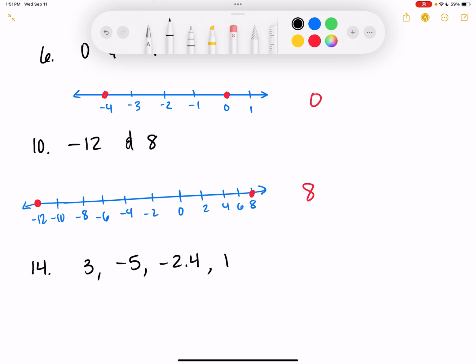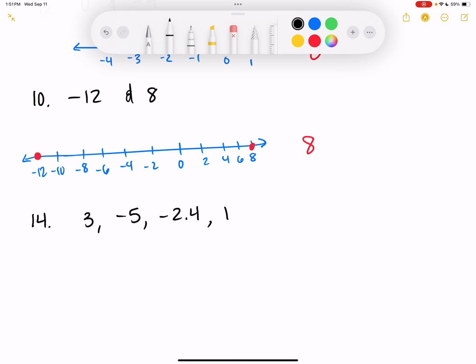So first of all, I need to classify them. So what is 3? Whole number. What else? It's a real number. It's an integer. Just so we know, they're not doing real. They're just doing whole, integer, rational.